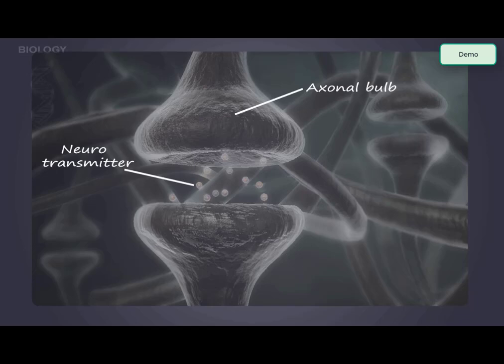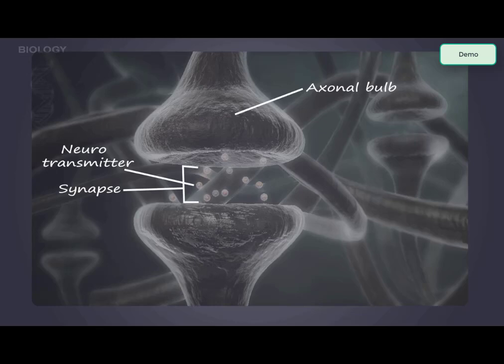The swollen tip is the synaptic knob, and inside that there are synaptic vesicles. Now, the gap between the two synaptic knobs is called the synaptic cleft.